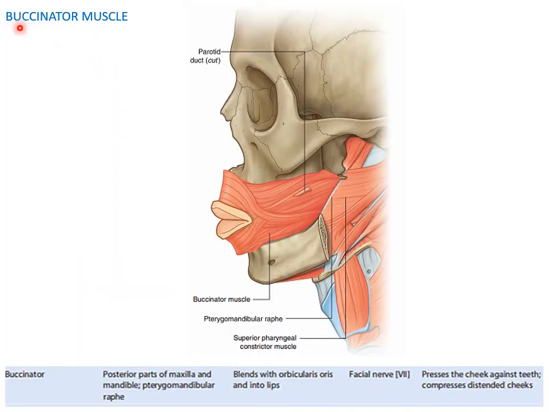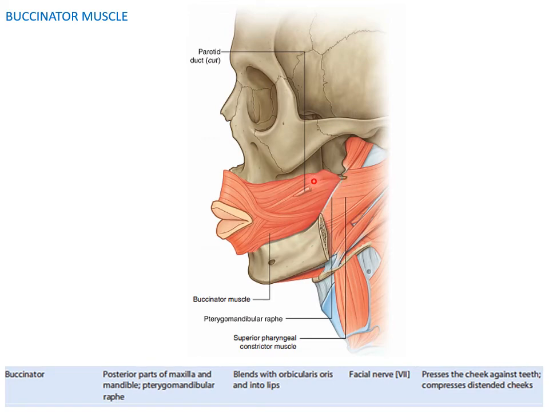The last muscle which was left from the oral group is the buccinator muscle. This is the buccinator muscle. The buccinator muscle arises from the posterior part of the maxilla and the mandible and the pterygomandibular raphe.